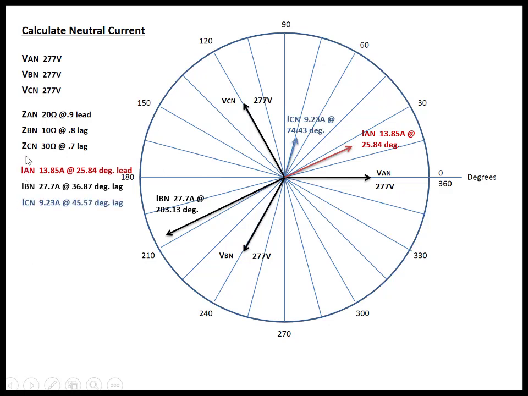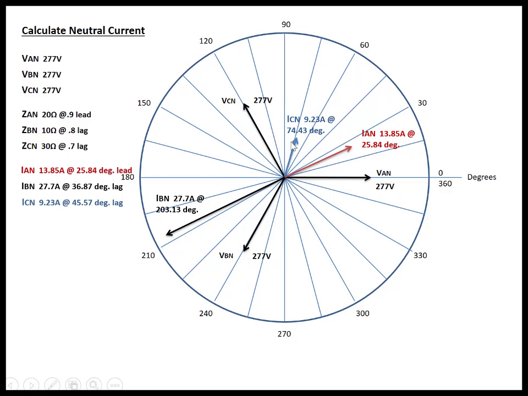Phase C current, 277 volts divided by 30 ohms will give me 9.23 amps. That is the current in phase C. And it is at a 0.7 lag, inverse cos 0.7 gives me an angle of 45.57 degrees. Voltage for phase C is 277 volts at 120 degrees.